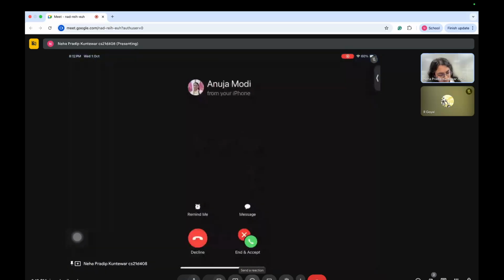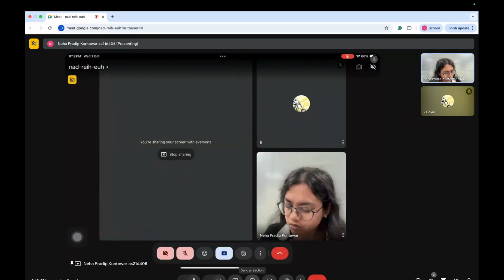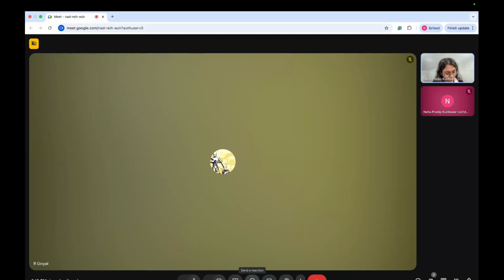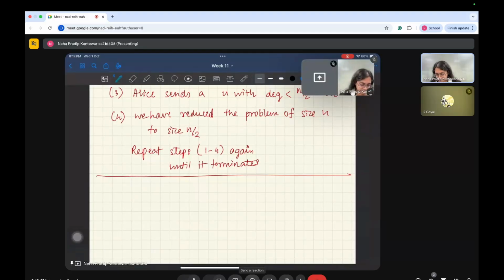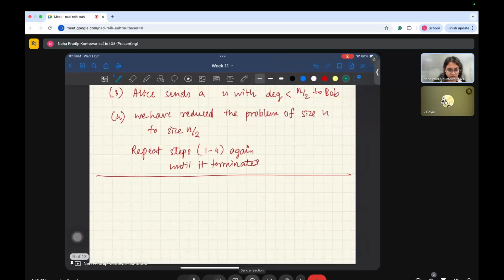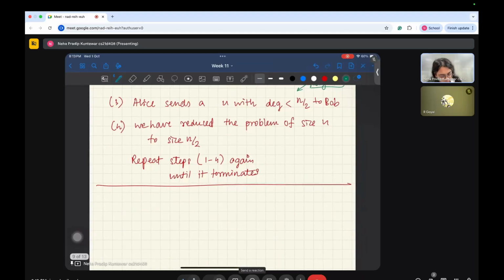So in one round, you were saying that we are sending 1 plus log n amount of bits.